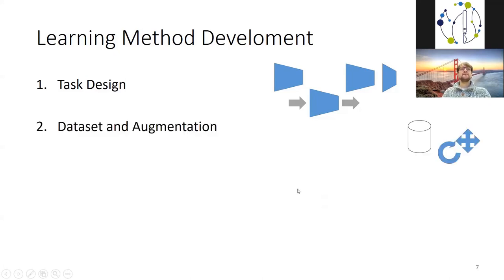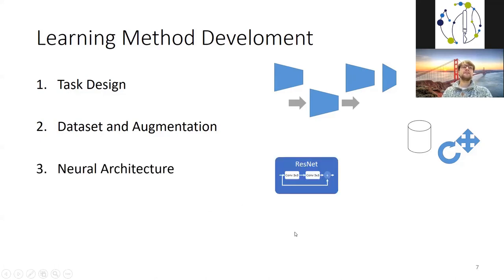The second step then is that we generate a data set, and we come up with augmentation schemes to, outside of the learning setup, help our data set and help with the outside learning questions.